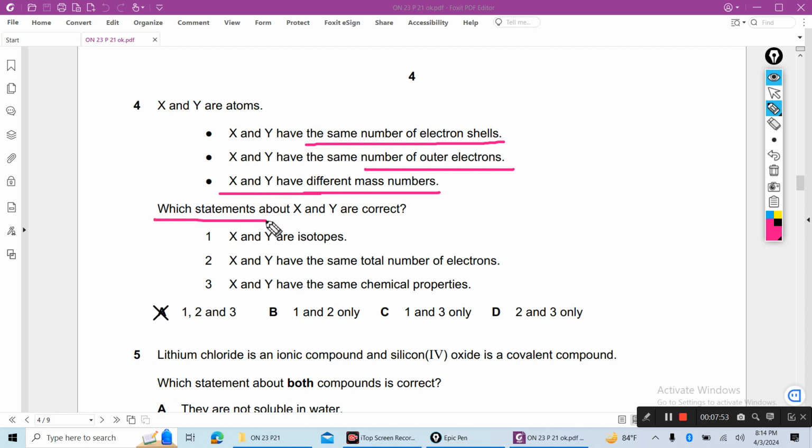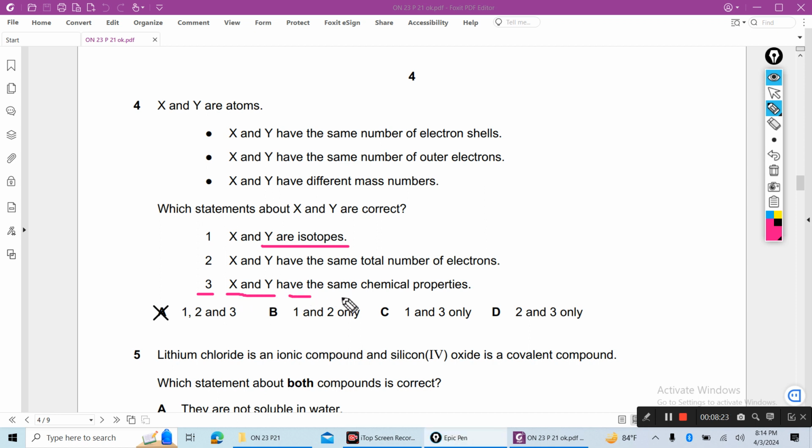Which statements about X and Y are correct? 1. X and Y are isotopes because the mass number is different. This is true. 2. X and Y have the same total number of electrons. Yes, isotopes have the same number of protons, so the electron number will be the same. 3.